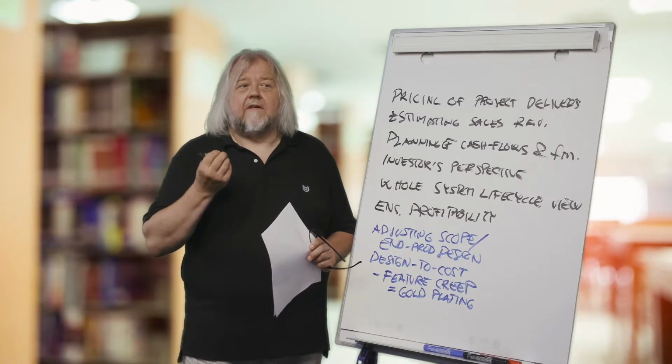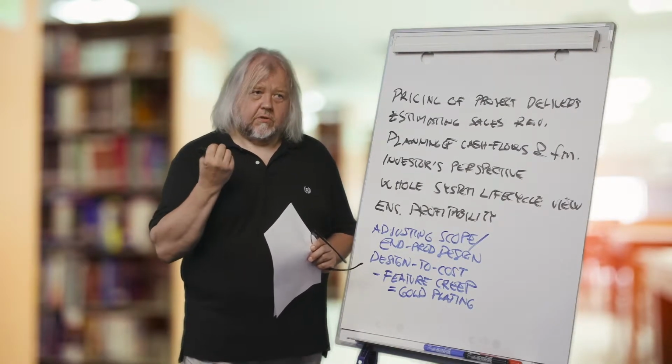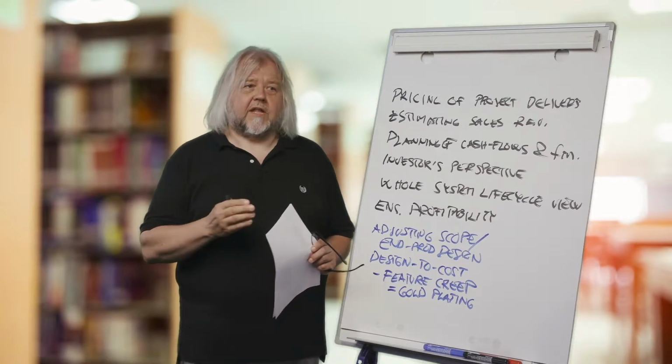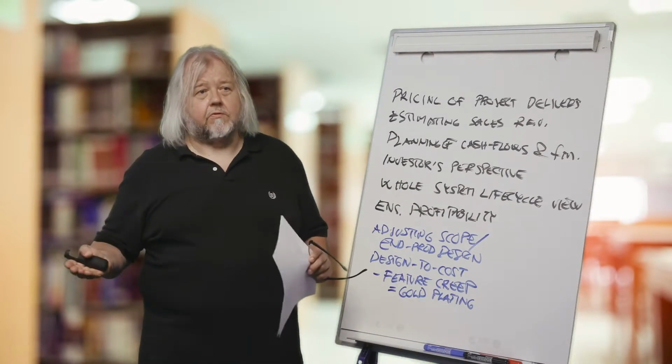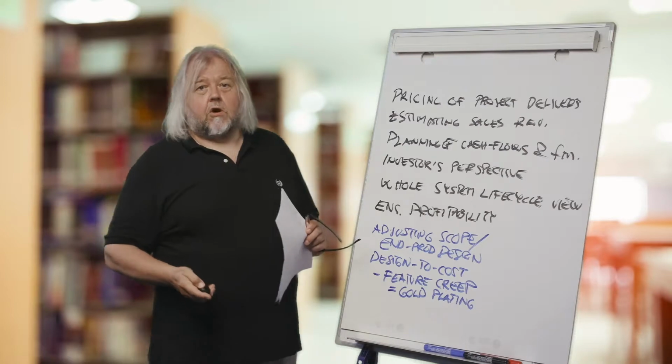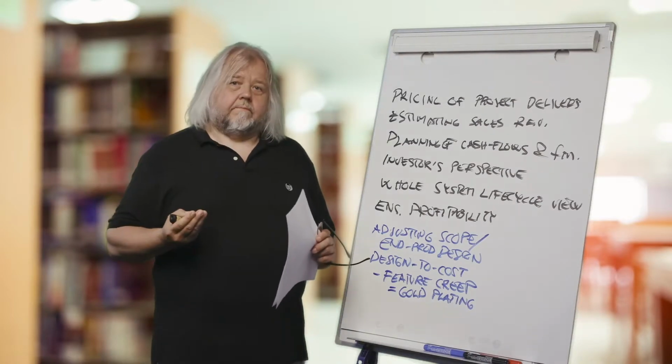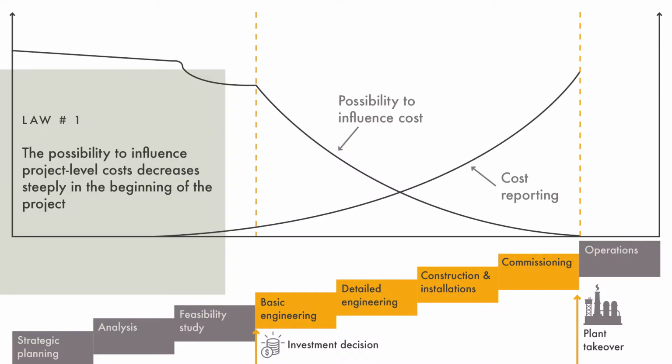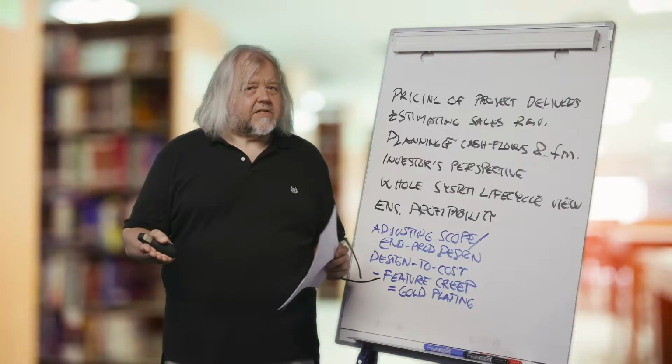So they are the kind of basic laws of cost behavior in projects that remain unchanged from project to project. So, law number 1. The possibility to influence project level costs decreases steeply in the beginning of the project. And why is that?